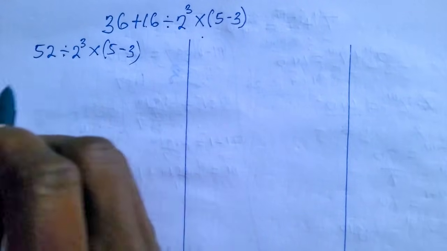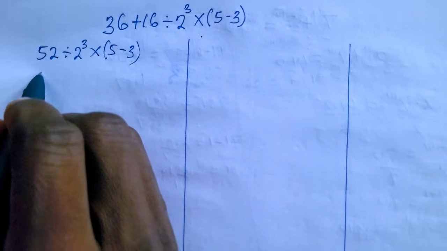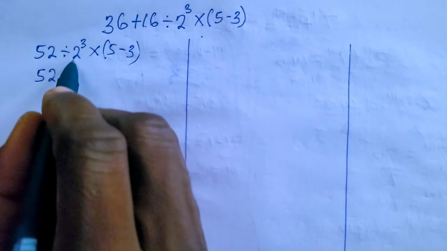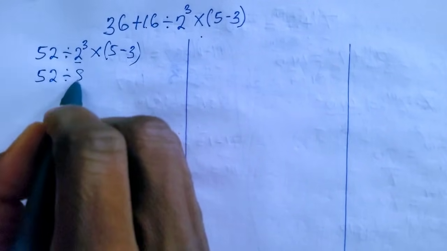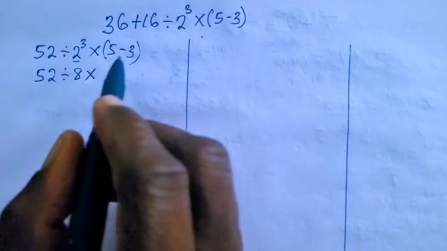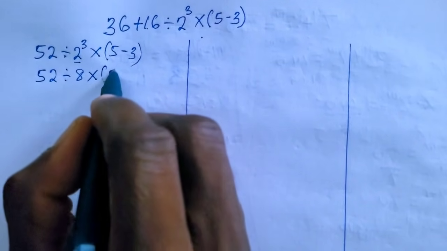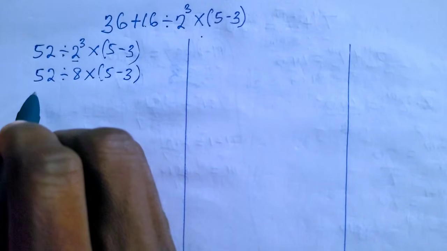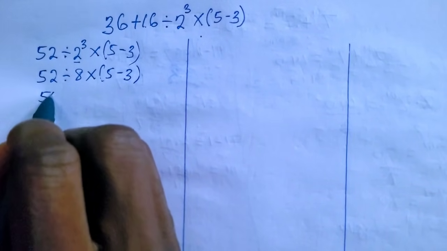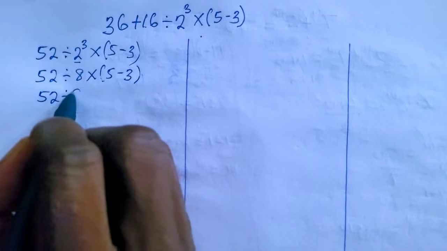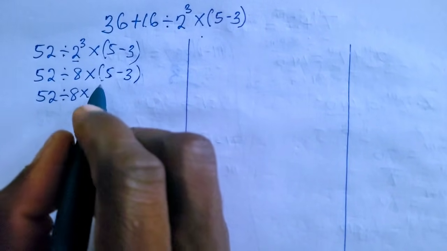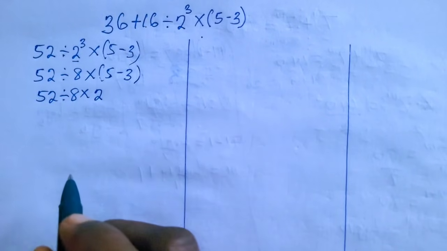Then next we consider 52 divided by 2 to the power of 3, that gives 8. Then multiplied by (5 minus 3). Then again we consider 52 divided by 8 multiplied by 5 minus 3, that gives 2.